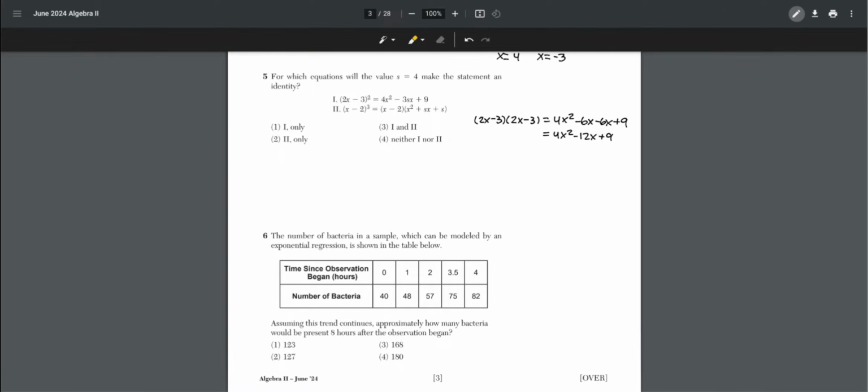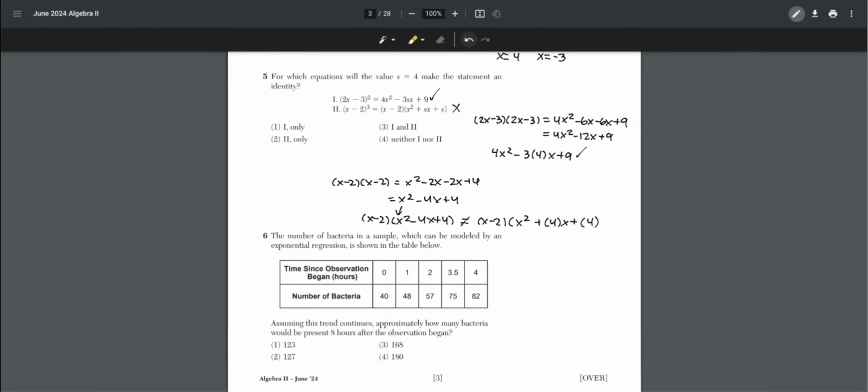When we substitute s equal to 4 into number 1, this statement is true. x minus 2 times x minus 2 is equal to x squared minus 2x plus 6, which is equal to x squared minus 4x plus 4. x minus 2 times x squared minus 4x plus 4 is not equal to x minus 2 times x squared plus 4x plus 4. Choice 1 is correct.